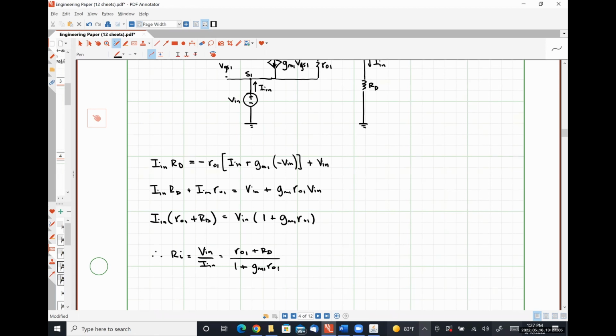I'm moving this guy over here, so I'm leaving that alone in the numerator and then pulling that guy over there. All right, so that's my input resistance without feedback. And then that would be boosted by my amount of feedback for our closed loop configuration.